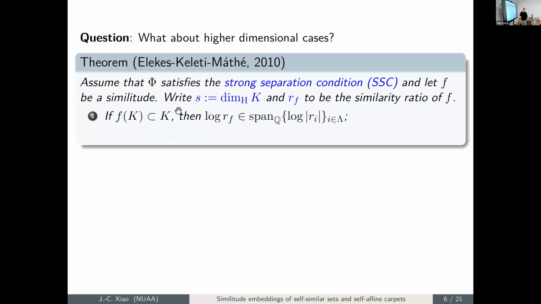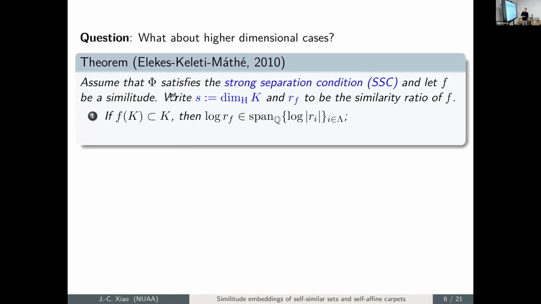And this was conducted by, again, Adikash, Kelty, and Massey in 2010. But they paid a little bit of a price. They replaced the open set condition by a stronger separation condition called the strong separation condition.